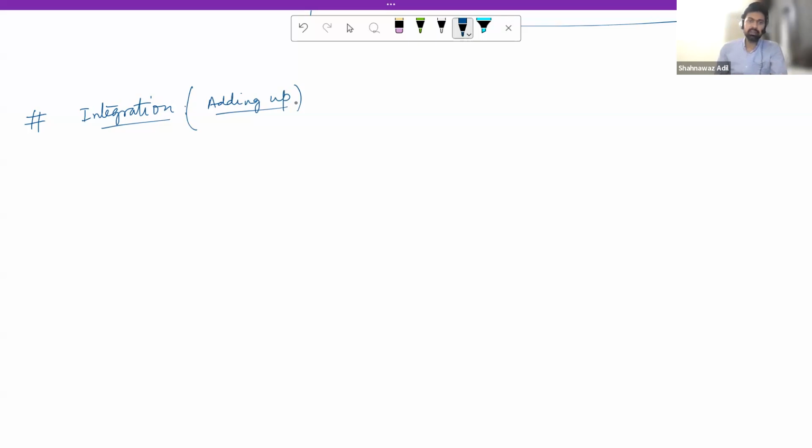So integration means adding, right? In differentiation, we divided some x, let's say we have this x, and if we take a very small portion, this is what we call dx.